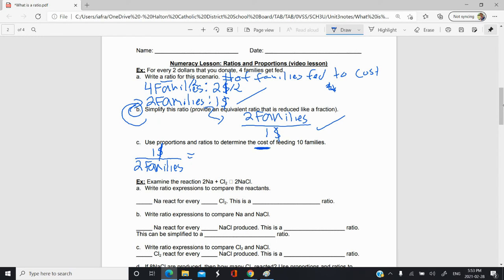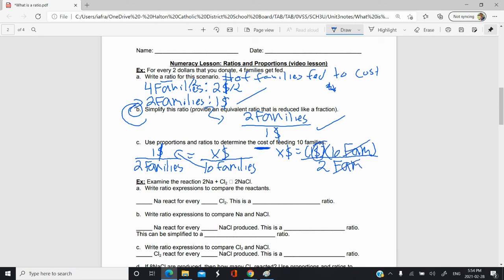And so we are feeding 10 families. So notice how we're consistent. Families on the bottom every time. 10 families. And we want to figure out what the cost of that is. So I can cross multiply, send it to the other side, and I get X dollars is equal to $1 times 10 families over 2 families. Families and families cancel out.